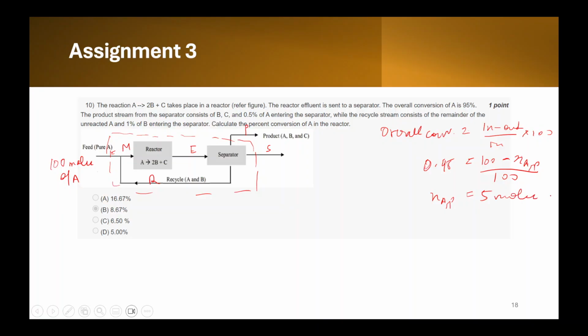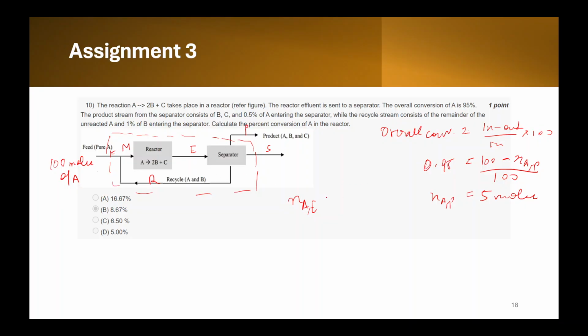Okay. Now these 5 moles of A in the product relate to the given relation that the product stream from the separator consists of B, C and 0.5% of A entering the separator. Basically, the mathematical representation of that is: N_A in E, this is entering your separator, okay?